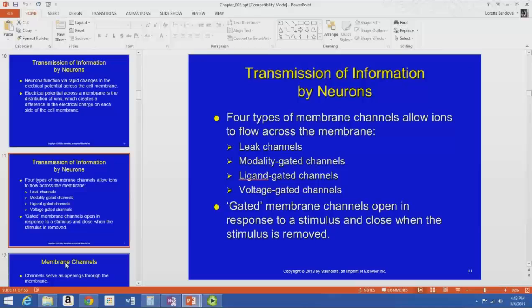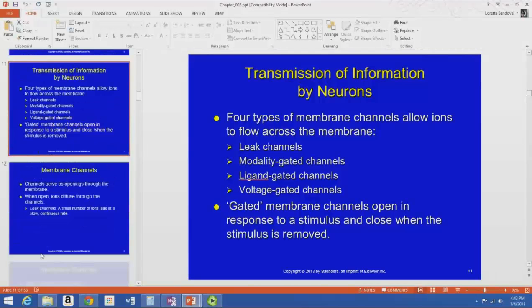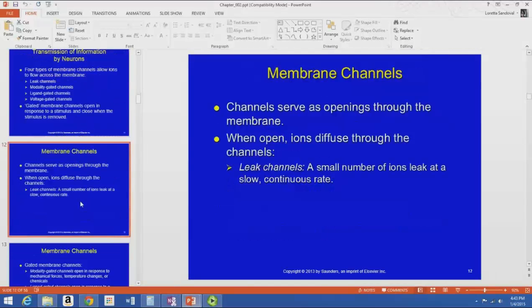The other 3 channels are gated membrane channels. What they mean by gated is that those channels only open in response to a certain stimulus, and they close when the stimulus is removed. There are 3 different types of gated channels, and you should know those 3 types and what the stimulus is that opens each individual gated channel.